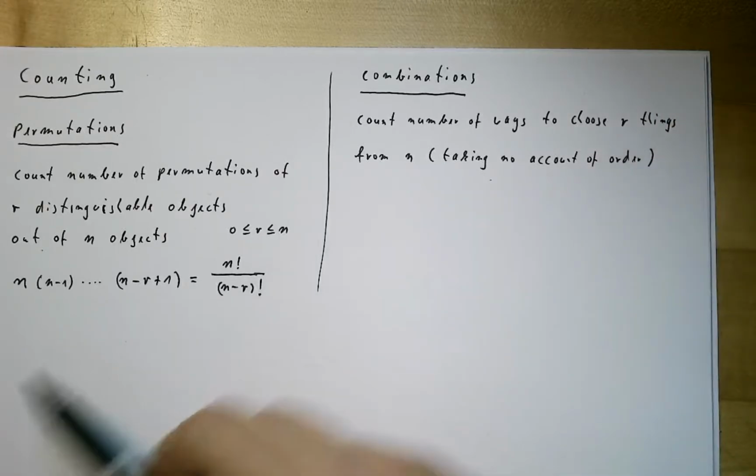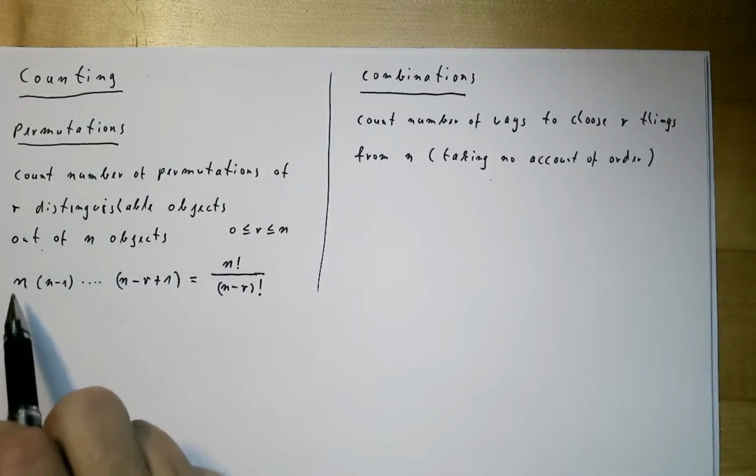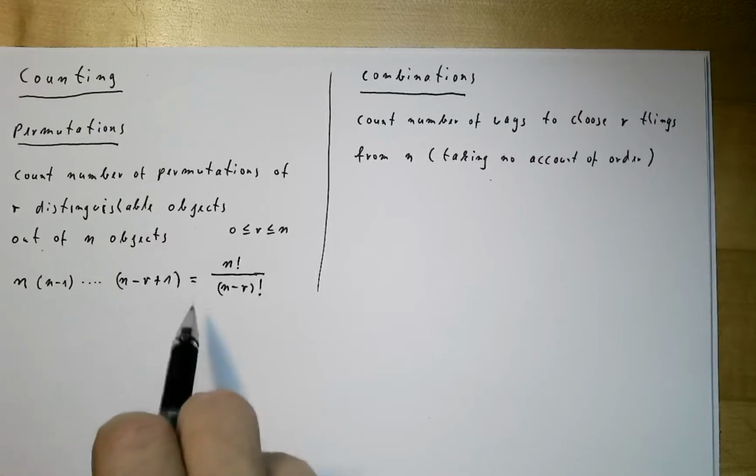In the permutation, the order was very important, so we first have to say what's the first, the second, and so on, because with every choice we have fewer choices left.